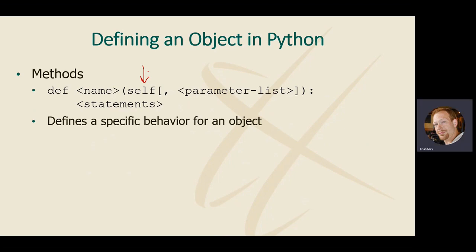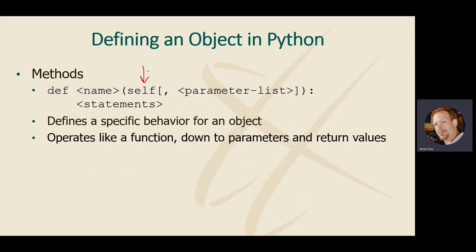It doesn't make any sense to humans. Computer doesn't care. Computer has no idea what append means, what the limit is, why that's important. So it defines a specific behavior of an object, hopefully related to the name of the method, and it operates like a function, including parameters and return values. Methods can and frequently do return things.